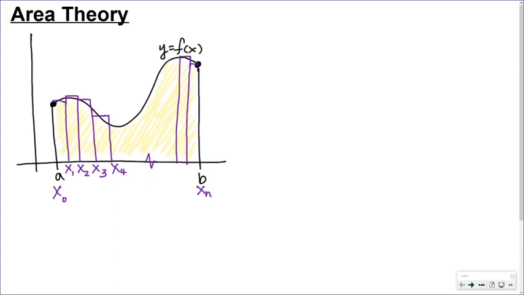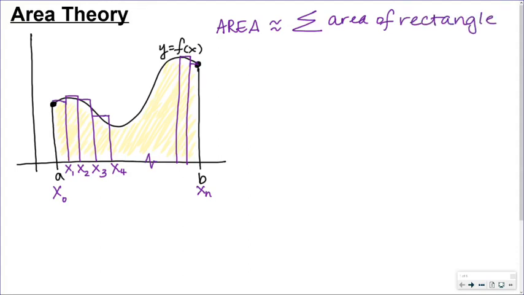In general, we would say that the area bounded by the curve and the x-axis can be approximated by adding up the areas of the rectangles, starting at our first rectangle and going to our nth rectangle.